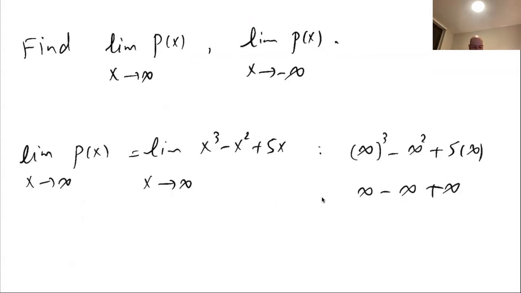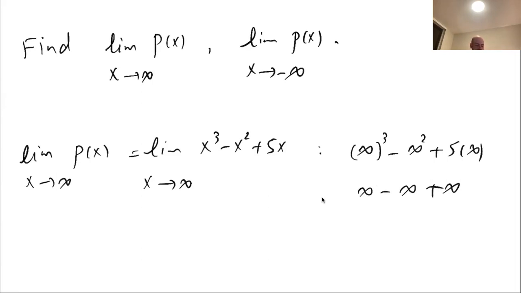Some people think that they can cancel this with this, but that's not true. Infinity minus infinity is one of the indeterminate forms. So infinity minus infinity is not 0, and is not infinity either. It's not a fixed number either. So it's indeterminate, meaning that the answer potentially could be anything, depending on the type of the function.